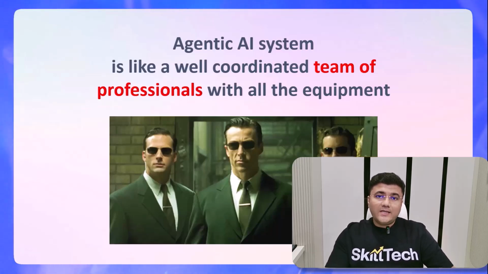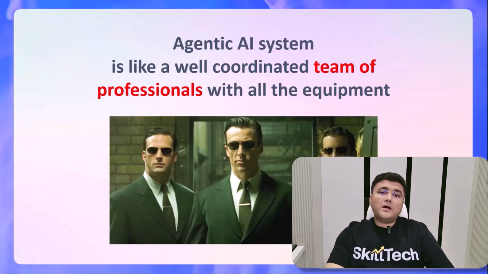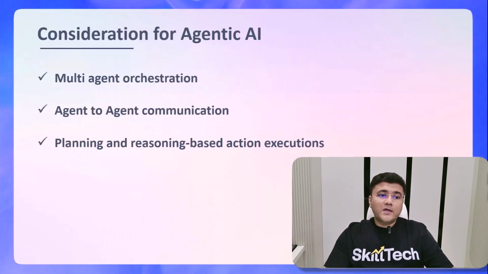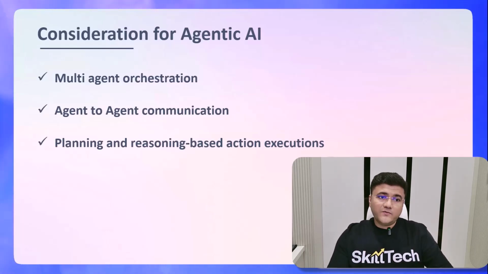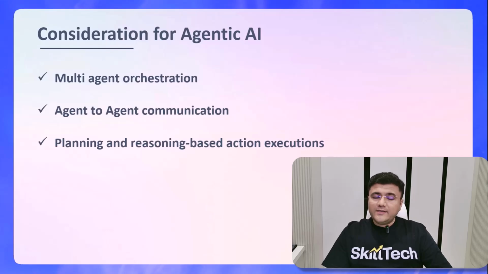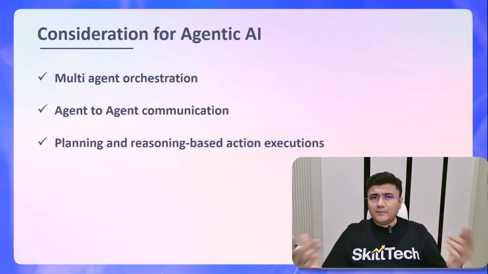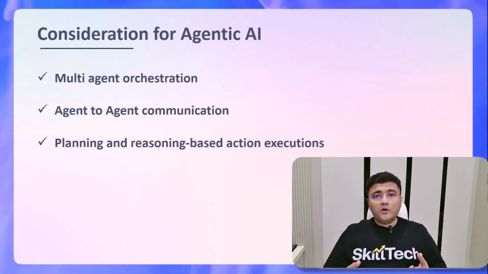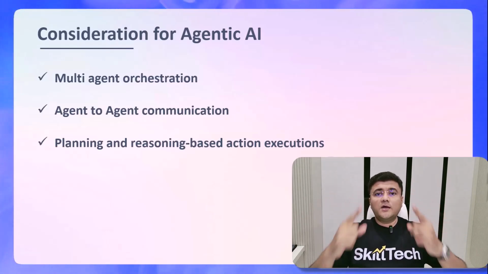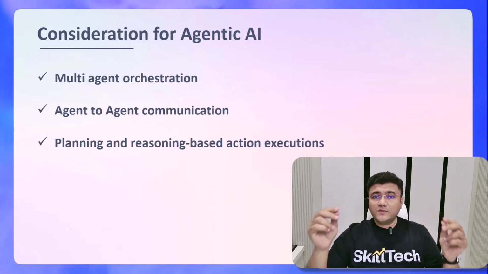Now, when you're designing your own agentic AI system for your own solution, you have to keep a couple of things in mind. For example, you have to make sure that your multiple agents coordinate properly. And that's where we have something called multi-agent orchestration. Now, orchestration is a word derived from the musical orchestra. I'm sure if you have seen a musical orchestra, you know that you always have one person standing in the center and waving his hands or a stick.